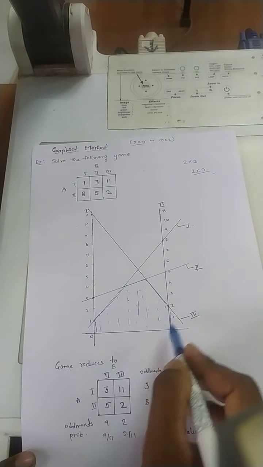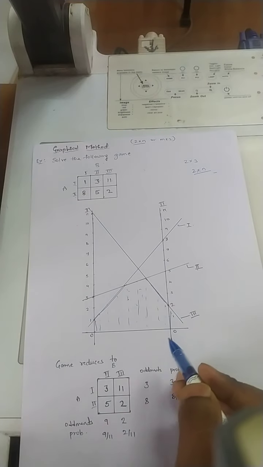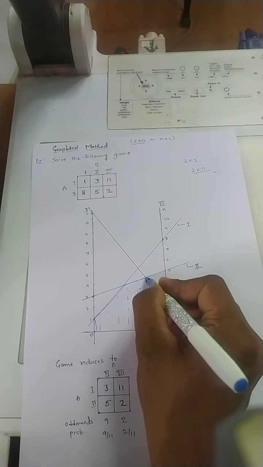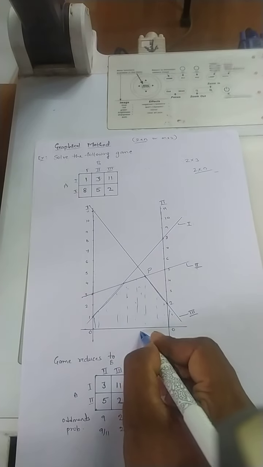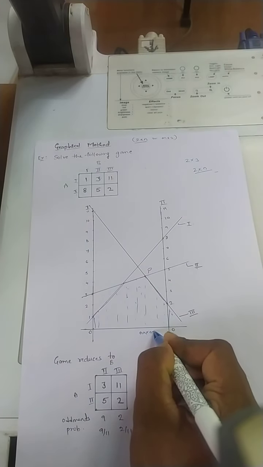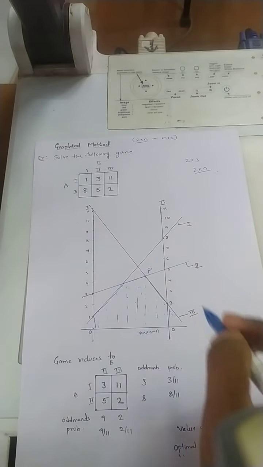Now among these minimum points we should find the peak value, the highest point or maximum value. This is the peak point and we denote it by P, and it will be max min, that is, the maximum among these minimum values.